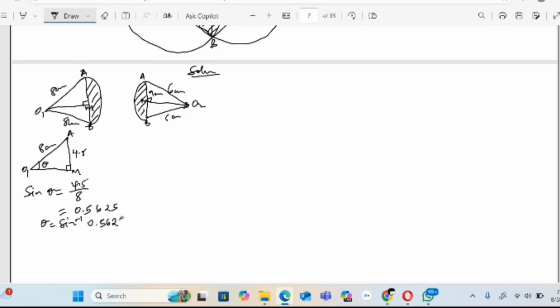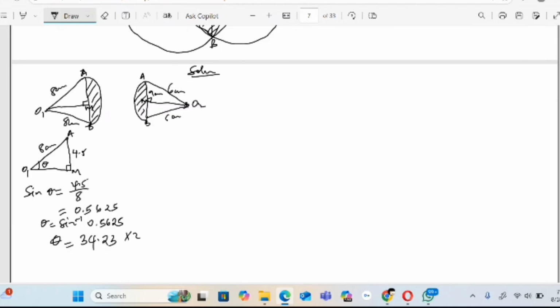Sine inverse of 0.56, and our theta becomes the sine inverse of 0.5625. From your calculator, you're going to get 34.23, and then you multiply by 2 to get the size of the whole angle AO1B.